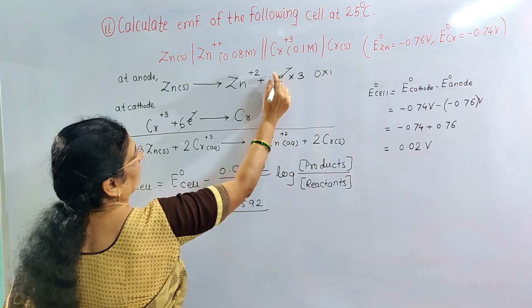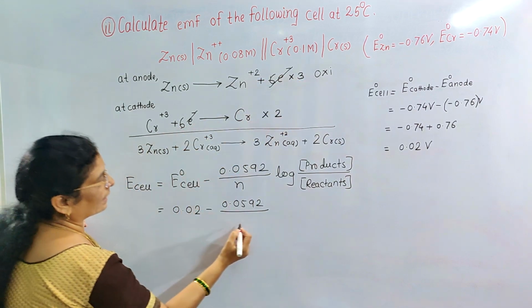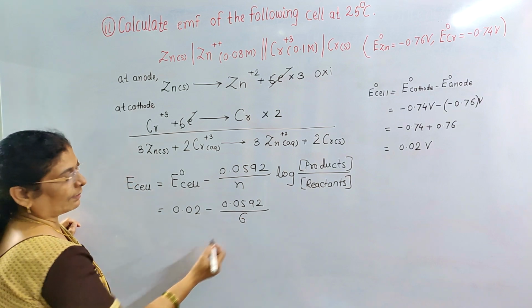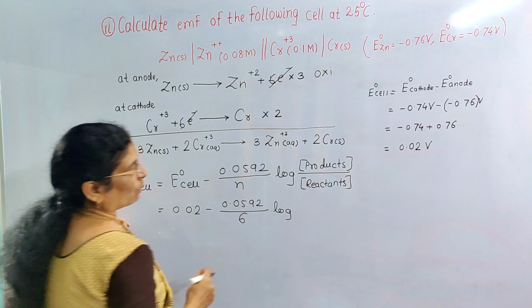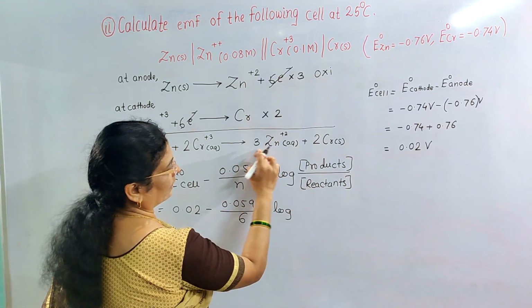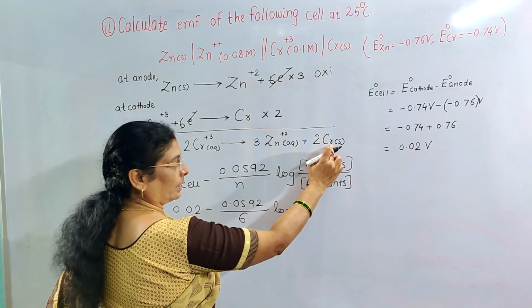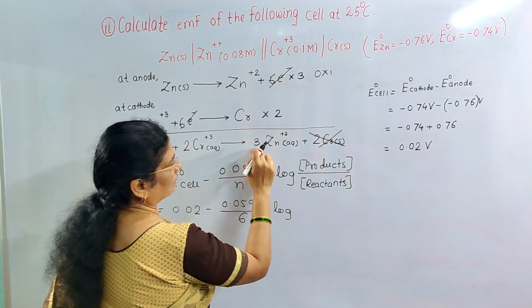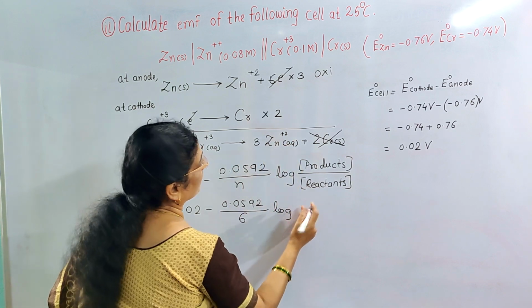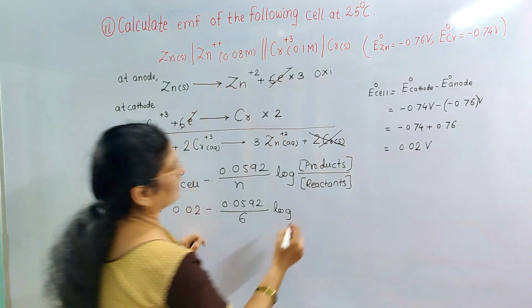You know, here we have multiplied this 2 by 3 and 3 by 2, and so 6 electrons are there, so divide by 6 into log of concentration of products. Here the product terms are Zn+2 ions and Cr solid, that is, this term will not be in this expression. Concentration of Zn+2 here is equal to 0.08.